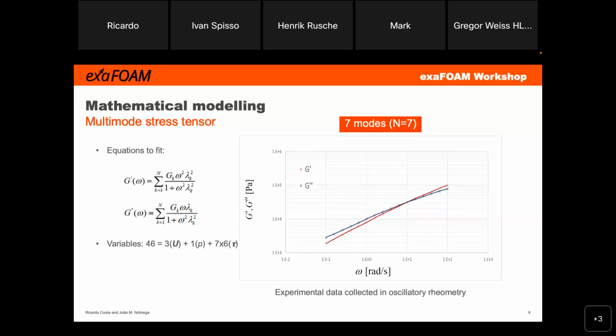So I can increase to 7 modes, and in this case we can see that our curve fitting is almost perfect. It fits the experimental data very well, but now I have 46 variables to compute. And that's mostly what makes the modeling part of viscoelastic materials a challenge to simulate this kind of processes.